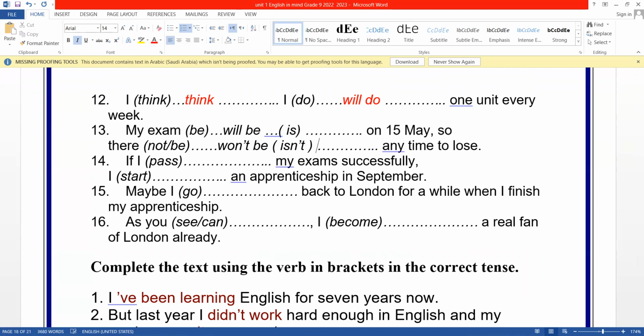So you can say my exam is on 15th May, so there isn't any time to lose. Or you can say my exam will be on 15th May, so there won't be any time to lose. Both of them are right.